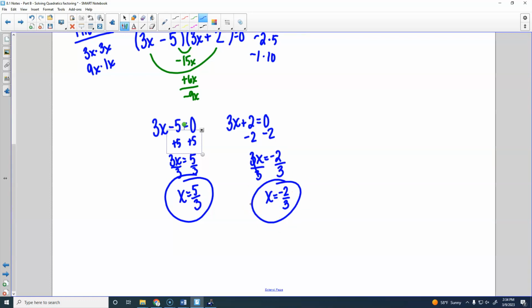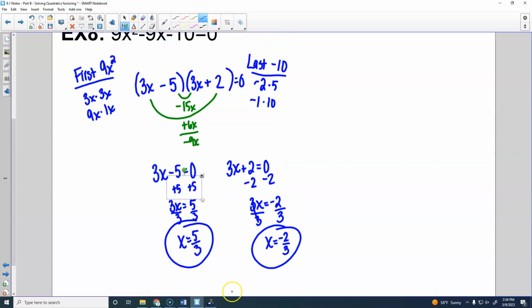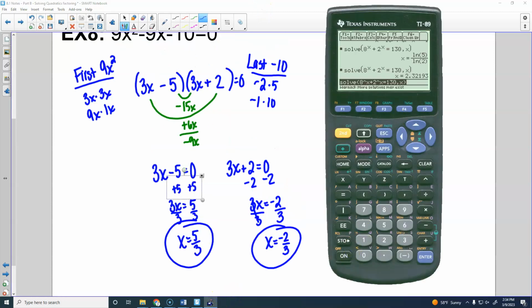And because you will have your calculator on the quiz tomorrow, not test, quiz, you can check your answers by plugging this in.